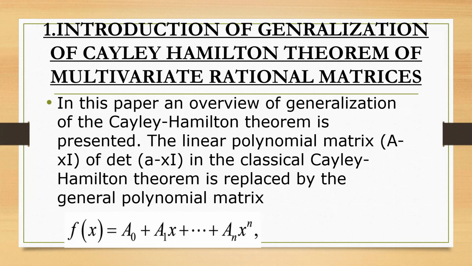The linear polynomial matrix A minus x times the identity matrix, where I denotes the identity matrix, of det of A minus x times identity matrix in the classical Cayley-Hamilton theorem is replaced by the general polynomial matrix. Here the general polynomial matrix is given as f of x equals a naught plus a1 times x plus, and it keeps on going, adding up till it reaches a n times x to the power of n.